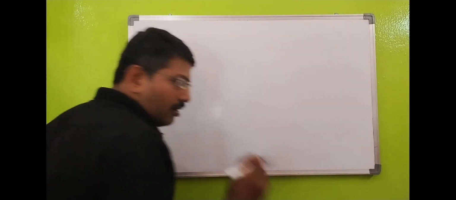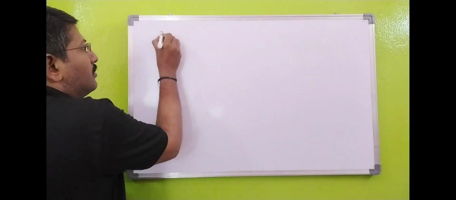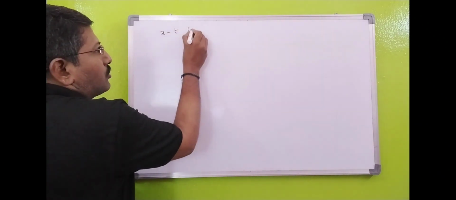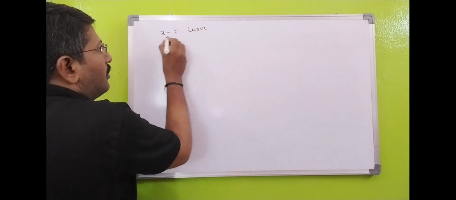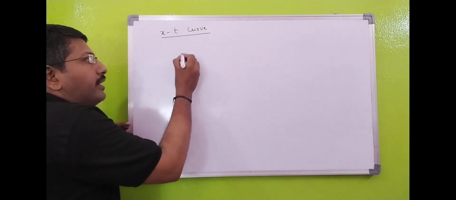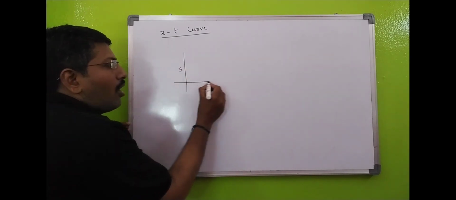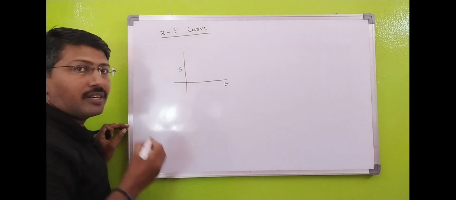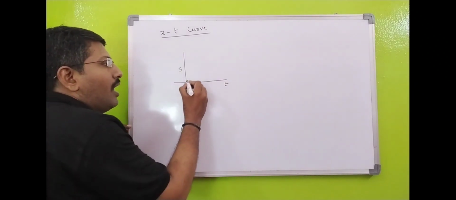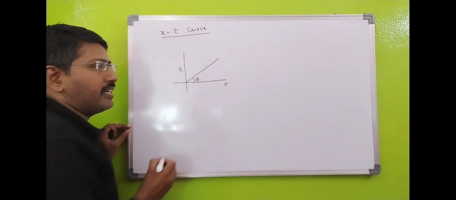Okay. Next, very important: x-t curves. An x-t curve is a graph drawn between displacement on the y-axis and time on the x-axis. The slope represents velocity. Very important.